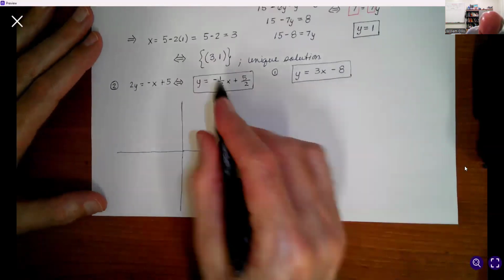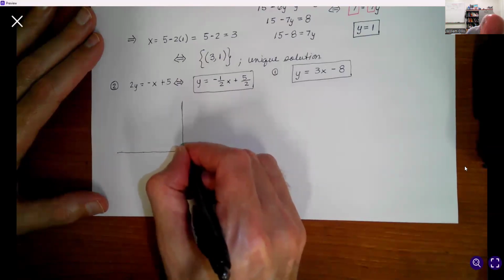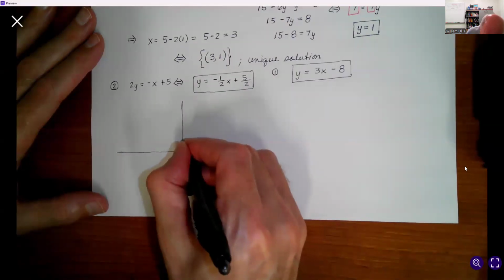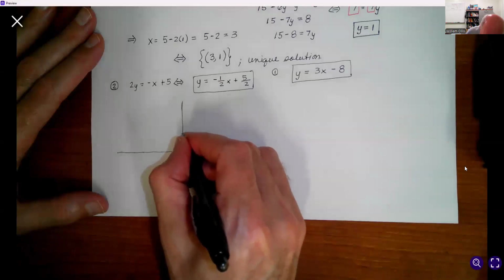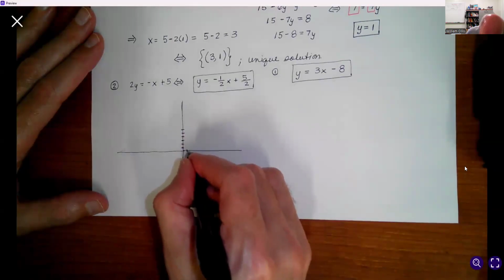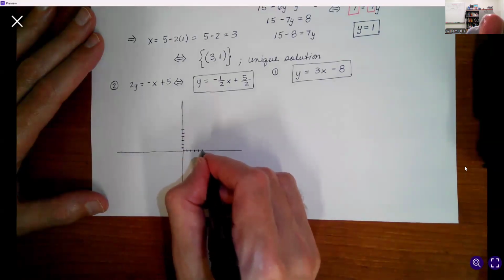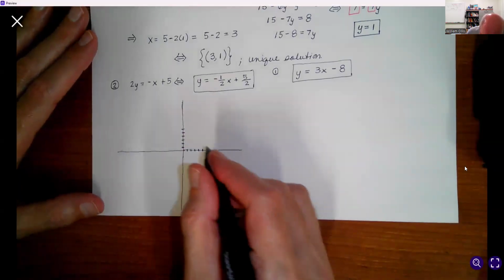Since we've got all these halves here, we'll just do half steps. So 1 half, 2 halves, 3 halves, 4 halves, 5 halves, 6 halves. And do the same thing here, however many we need.